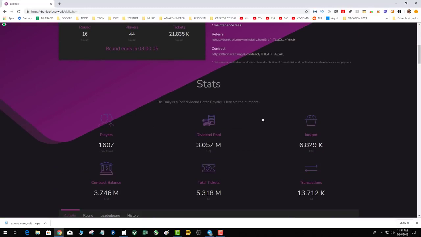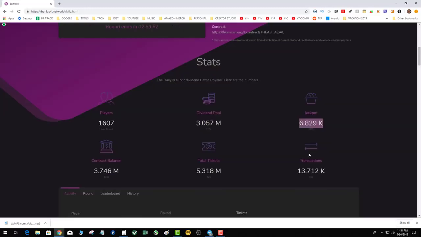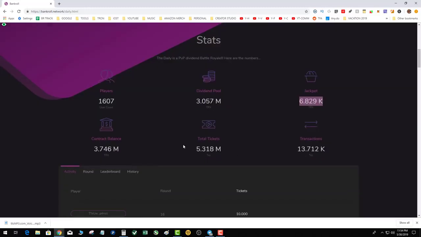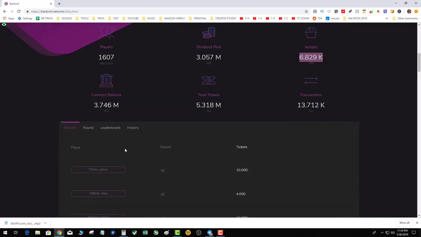Now, if we keep going down, you see we have the stats: total number of players, amount in the dividend pool. This is the amount that the 2% is calculated on. Jackpot, total tickets, contract balance, and then we've got the rounds, leaderboard, history of who has bought, top players, lucky winner.